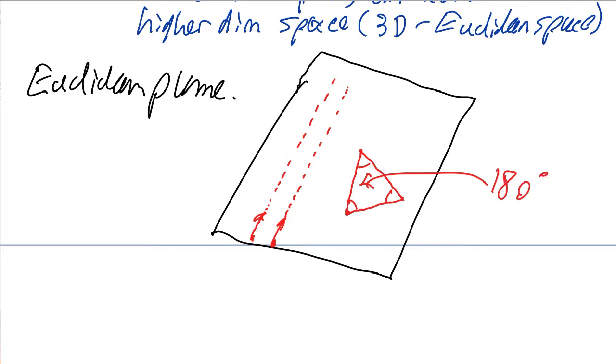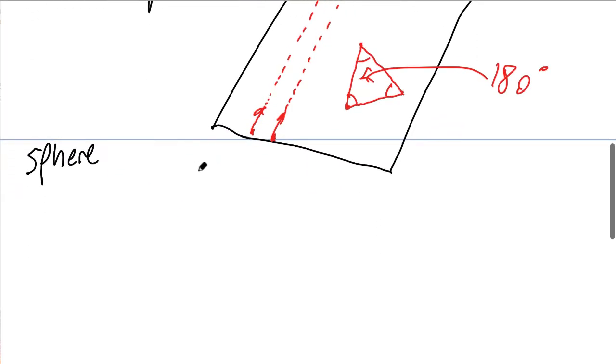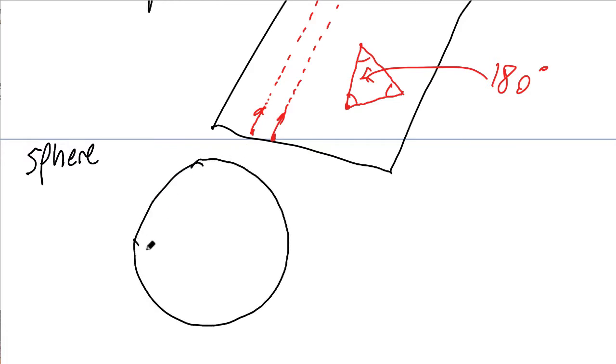Okay, so those are some of the unique characteristics of the geometry of the Euclidean plane. Now let's consider the sphere. Our ants can do the same experiment. Here's our two ants, and they start out moving parallel to one another, but eventually those parallel lines cross.